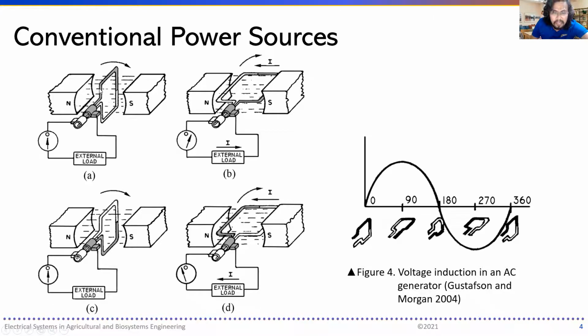We see a sinusoidal pattern consistent with alternating current. This is now the most important portion. We take note that the orientation of the loop in relation to the magnetic field is causing this sinusoidal pattern or wave of induced voltage.